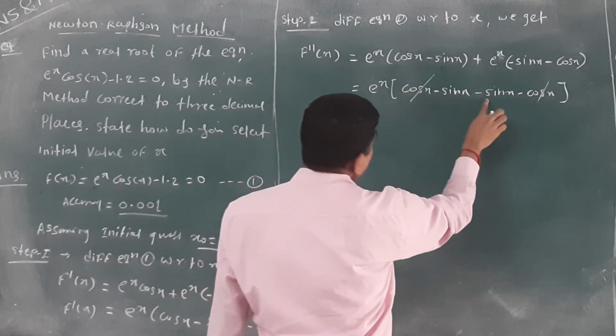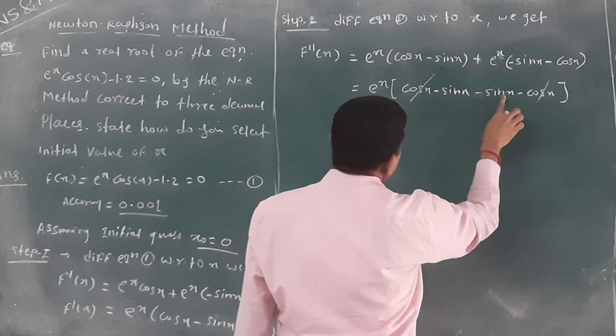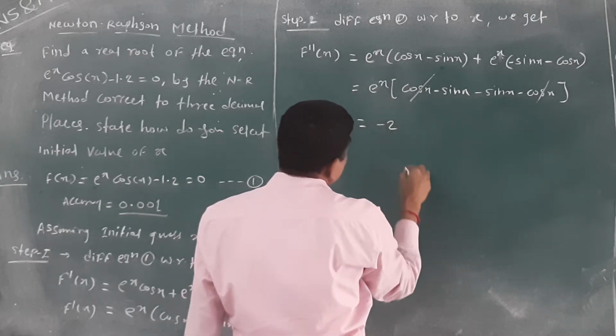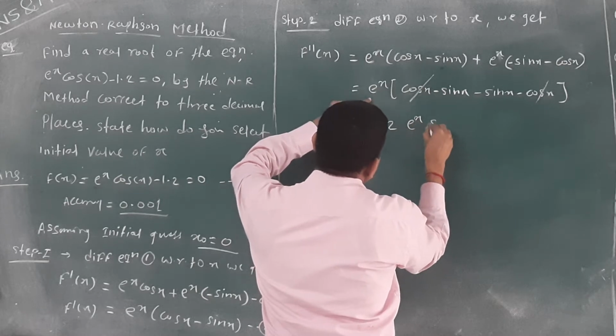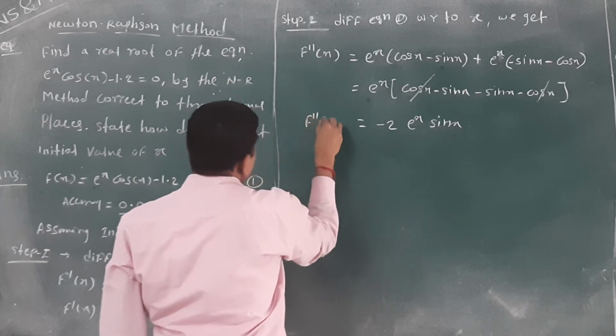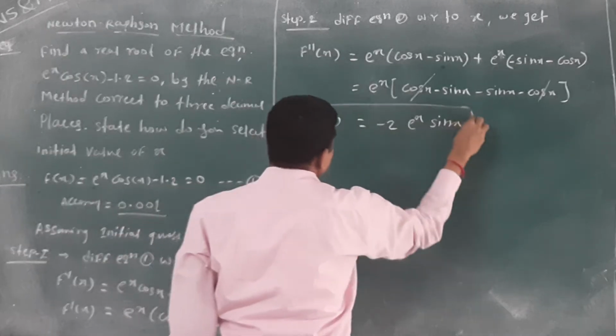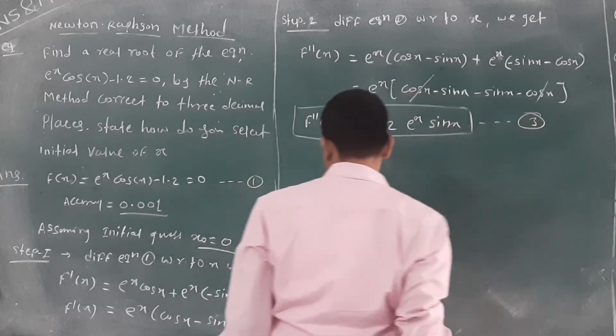I will take minus 2 outside: minus sin x and minus sin x, you will get minus 2 sin x. So f''(x) = -2 e^x sin x. This is f''(x), equation number 3.